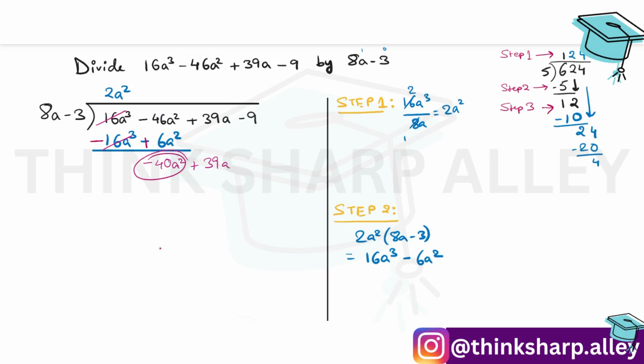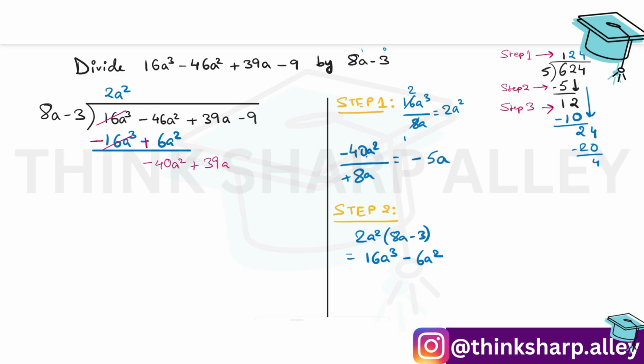So here now the first term of the dividend is minus 40a square and of the divisor 8a. So we divide these two. So let's do that. Minus 40a square divided by 8a gives me first the sign, which is minus, because minus plus is minus. 40 divided by 8 is 5.